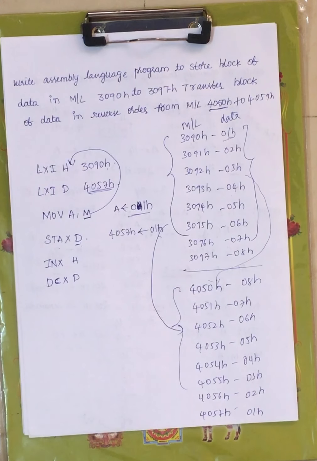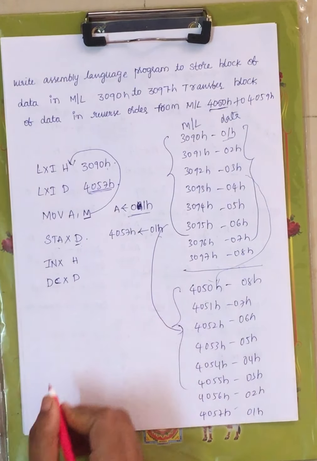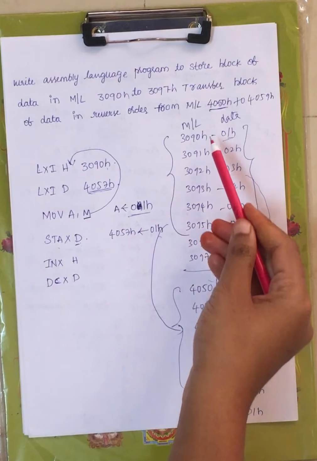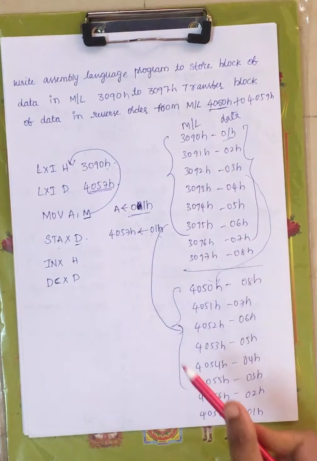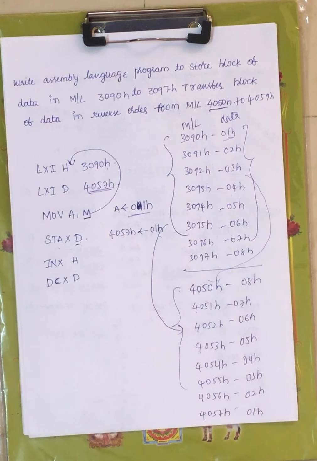DCX D, right? This has to be incremented because we are going from low to high. This has to be decremented from high to low.